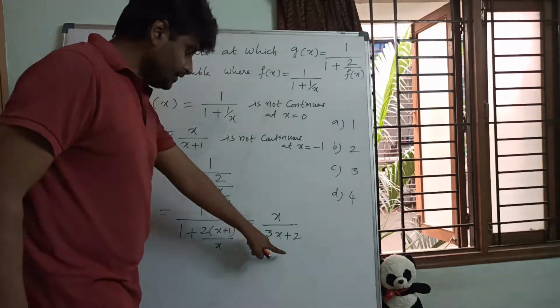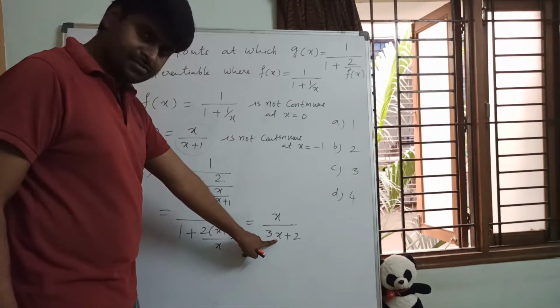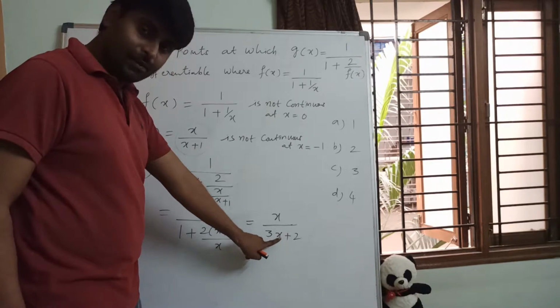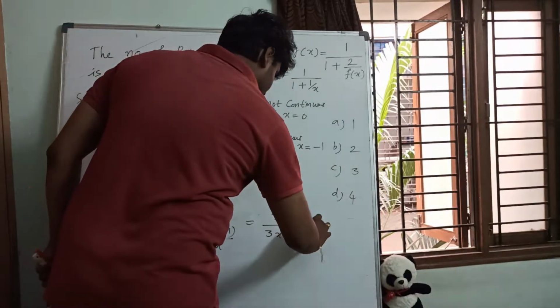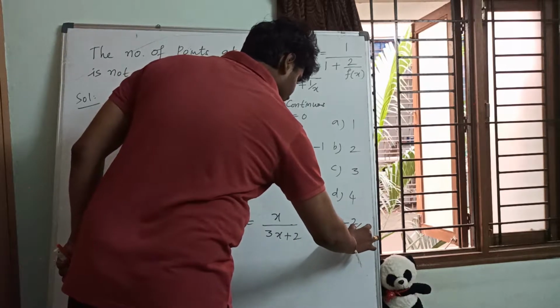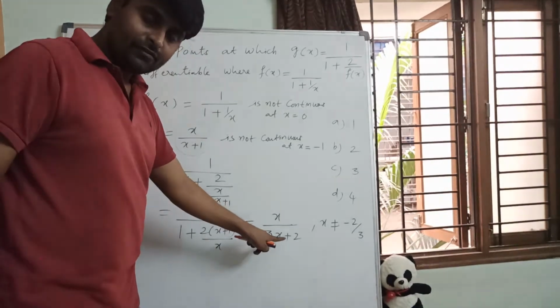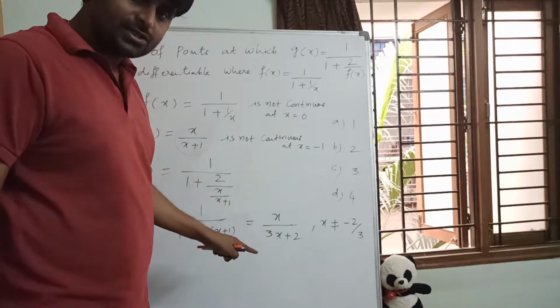Now tell me, where is it not continuous? Where the denominator gives you 0, at x equal to minus 2 by 3. So here x should not be minus 2 by 3. Hope you can understand. At x equal to minus 2 by 3 it will be 0. Wherever the denominator is 0, function is not defined.